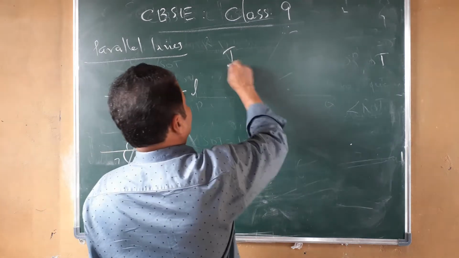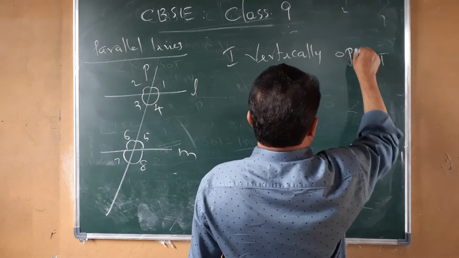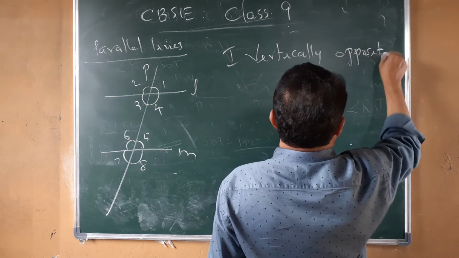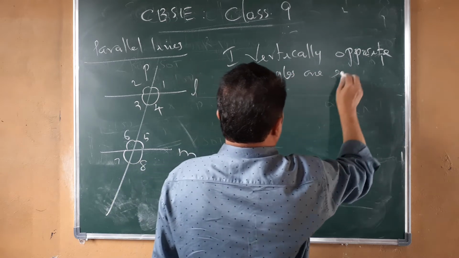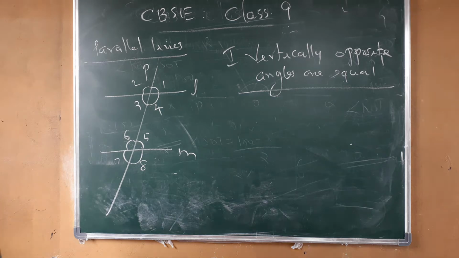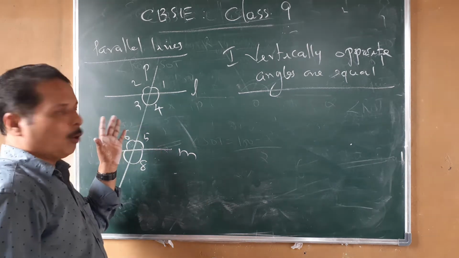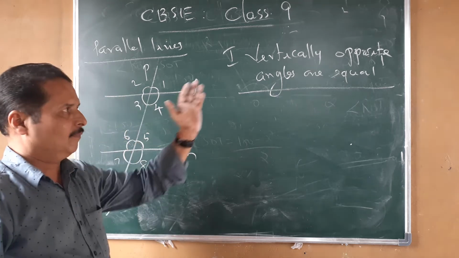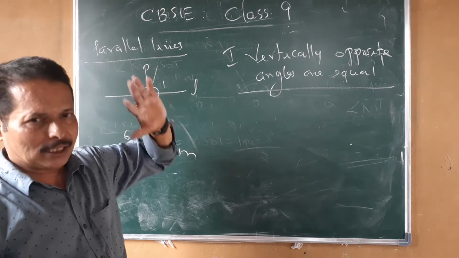First data. You studied vertically opposite angles are equal. Can you analyze the vertically opposite angles in this figure? Better you write this also.